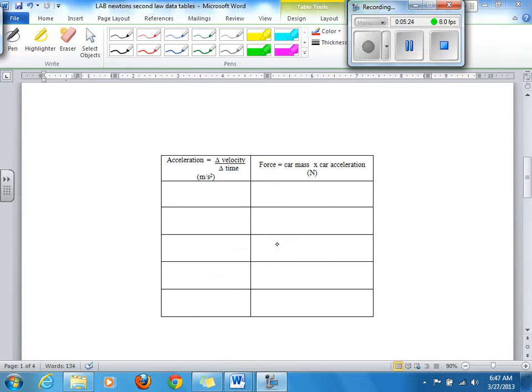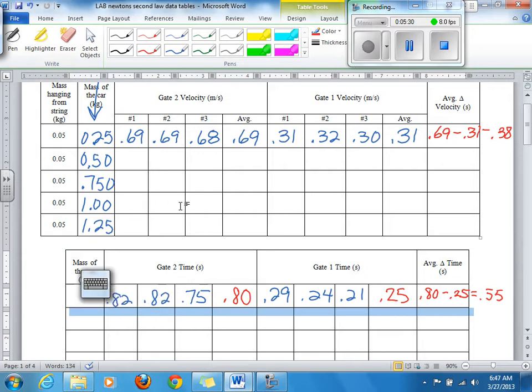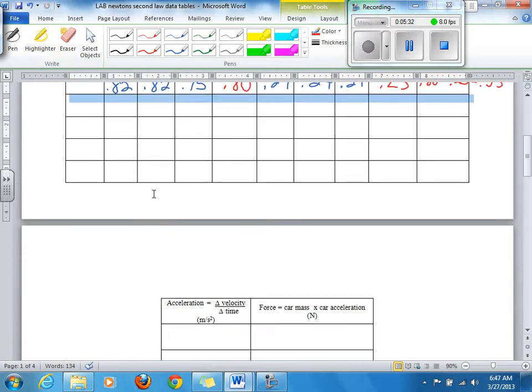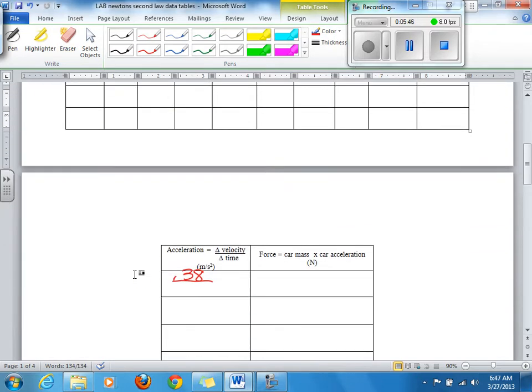So it's like acceleration, my change in velocity, remember my change in velocity is 0.38. So I'm going to put 0.38 divided by my change in time was 0.55. Now, I would go ahead and put that calculation in there just so I can follow along with you.